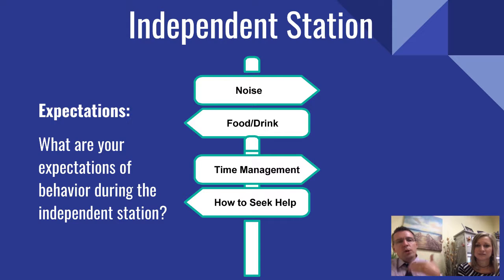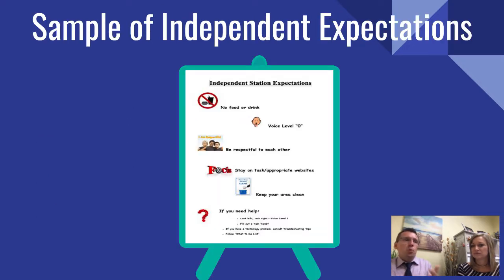So we want you to start thinking through what your expectations are going to be and creating a poster that you would then post at your independent station. This is so important in the very beginning of the year. It's just like when you are setting ground rules and expectations, as Ken mentioned, at the very beginning of the year when you teach traditionally.